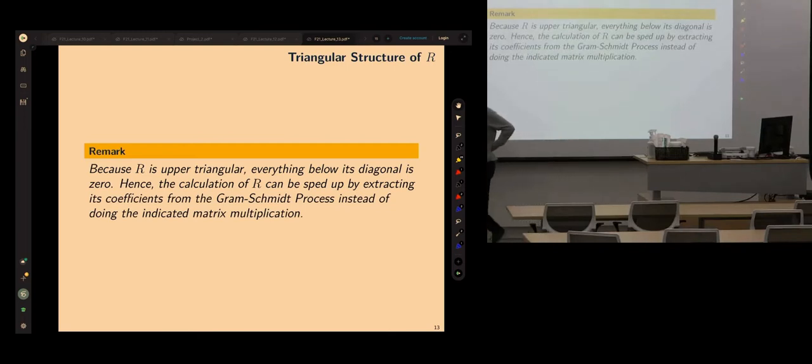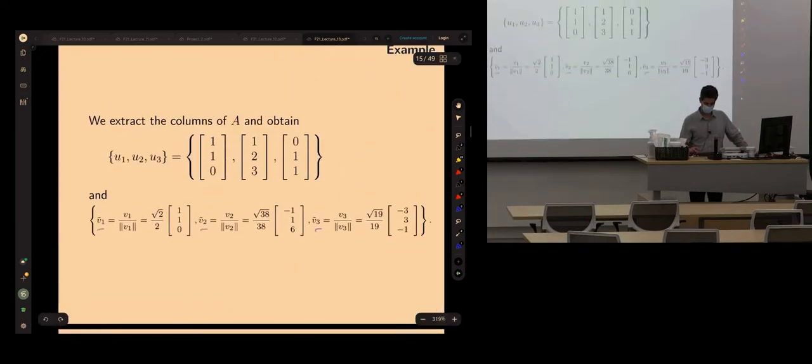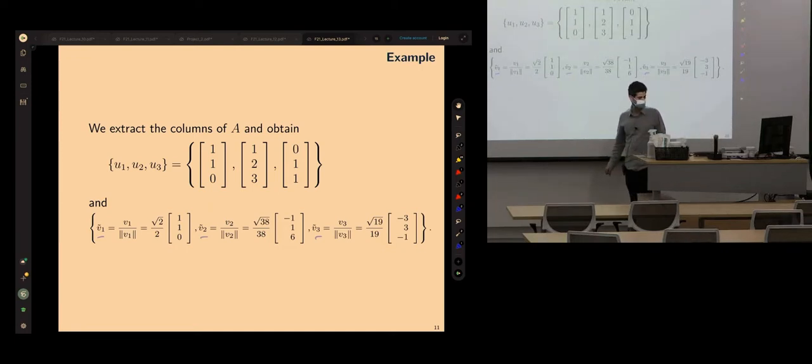Are you able to go back like 2 slides to where you found the vectors after the Gram-Schmidt process? Here? Yeah. Okay. The terms with the squiggles on them, are those the vectors? Because I thought having V1 over the norm of V1, isn't that the E term?